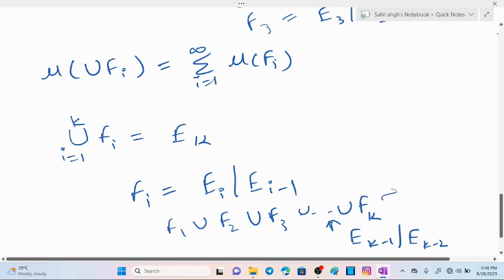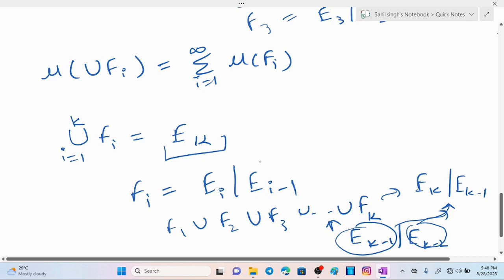And in this fk we have ek removed ek minus 1. So from here we have ek minus 1 there, and from the previous one we have ek minus 2 there. Therefore we will have the union just to be ek.